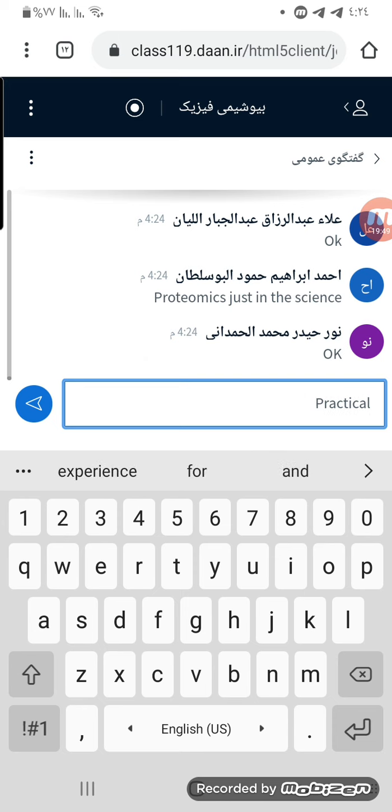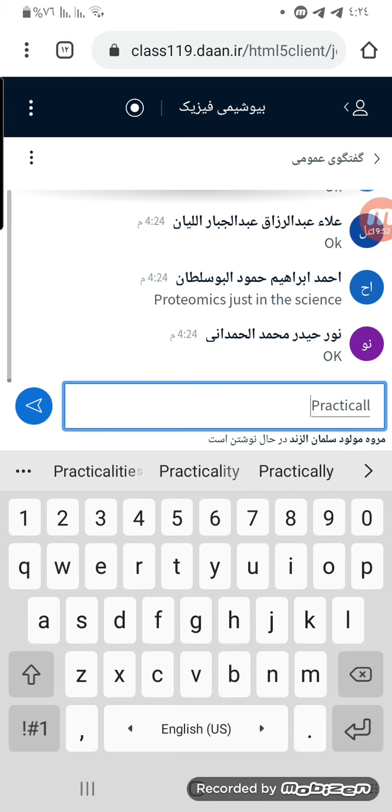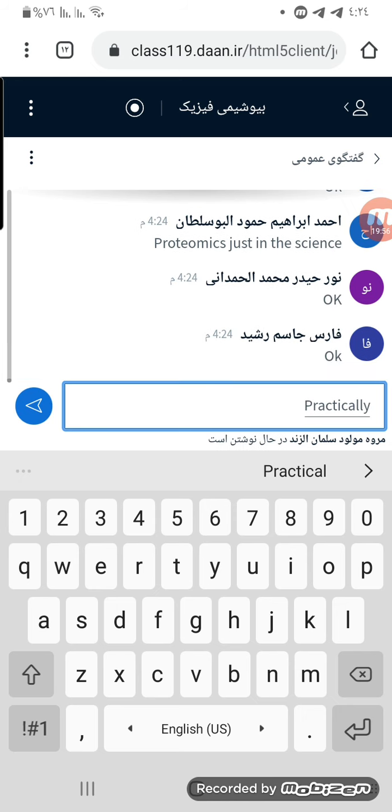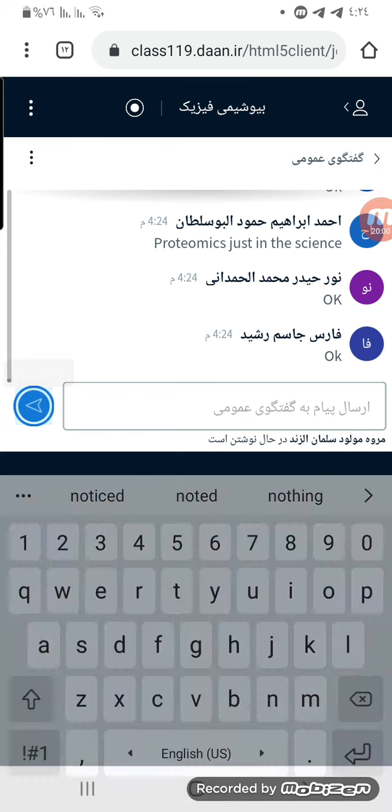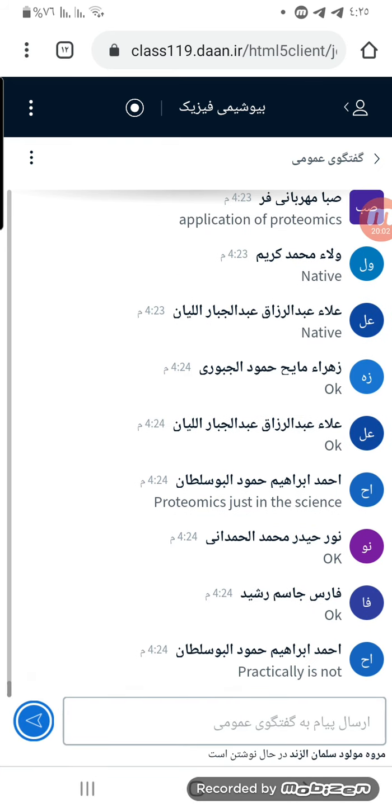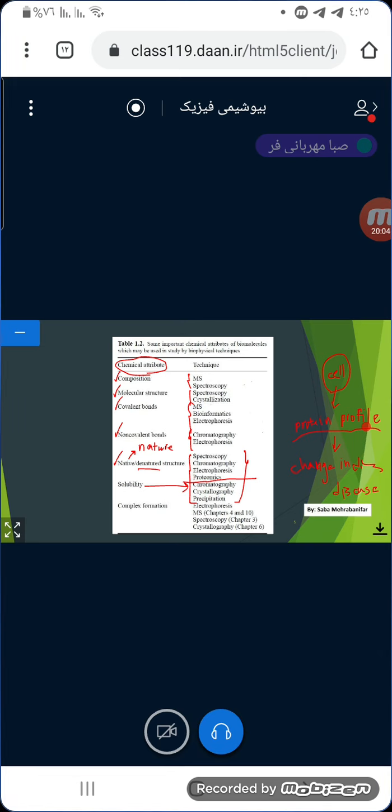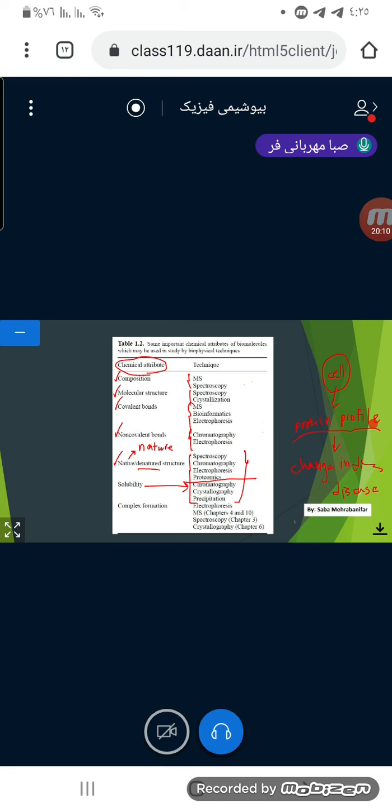For example, we have a patient. He says, I think I have, for example, prostate cancer. We can use proteomics because the protein profile of a prostate cancer cell is different from a normal cell.